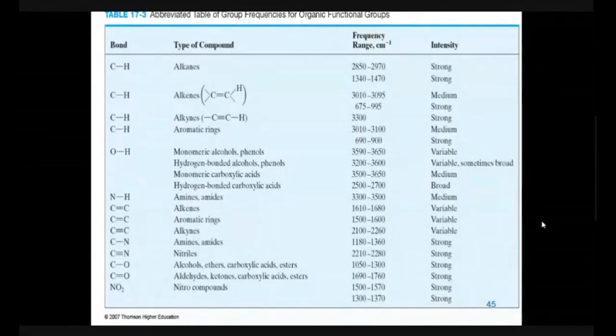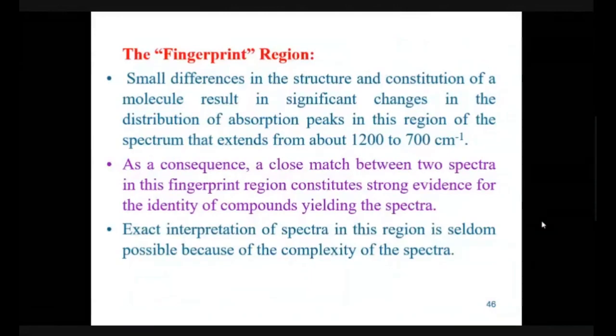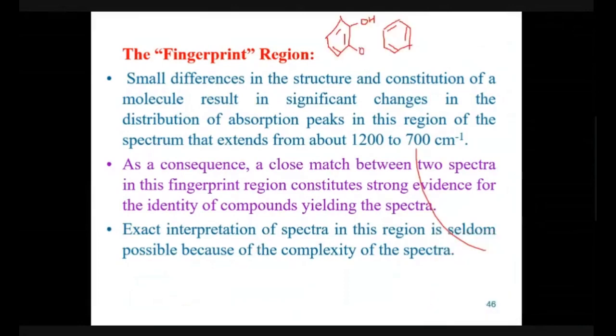Okay, let's talk more about the fingerprint region. There are small differences in the structure and construction of a molecule that result in significant change in the distribution of absorption peaks in this region. For example, if you change the substitution position from ortho to para, we explain this is ortho disubstitution and this is meta disubstitution.